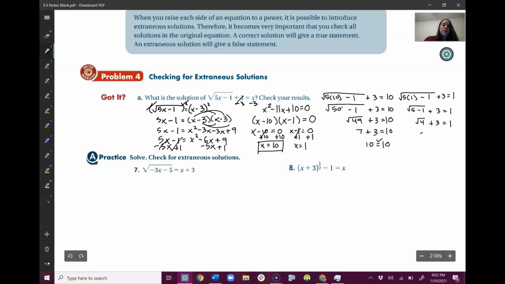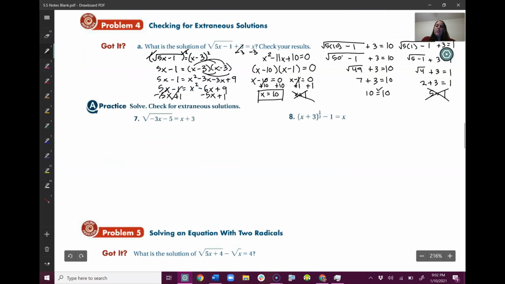Square root of 4 is 2. And 2 plus 3 is 5. 5 does not equal 1. That is not true. So x equals 1, that's a fake answer. That one doesn't work. So x equals 10 is our only true answer.